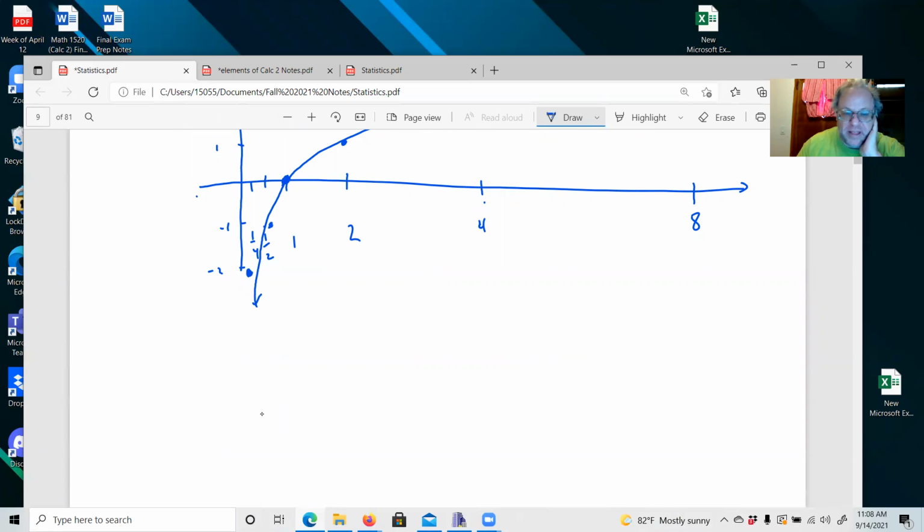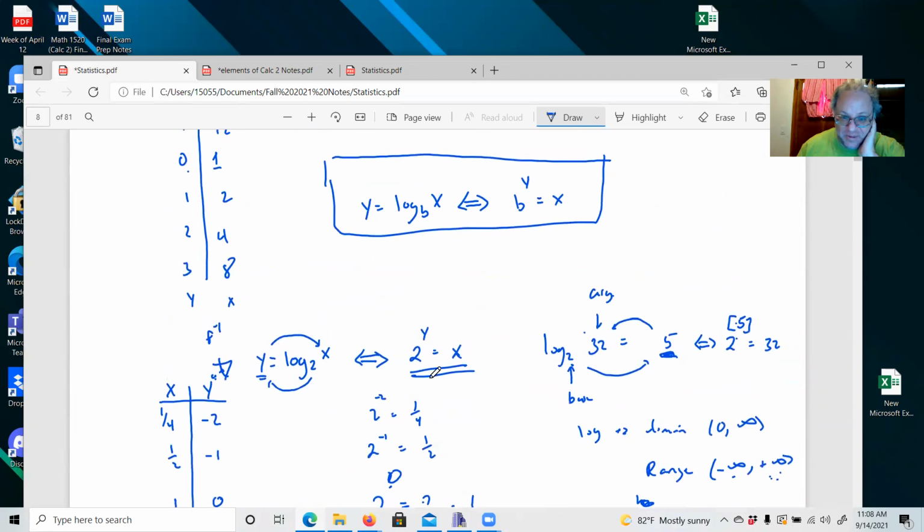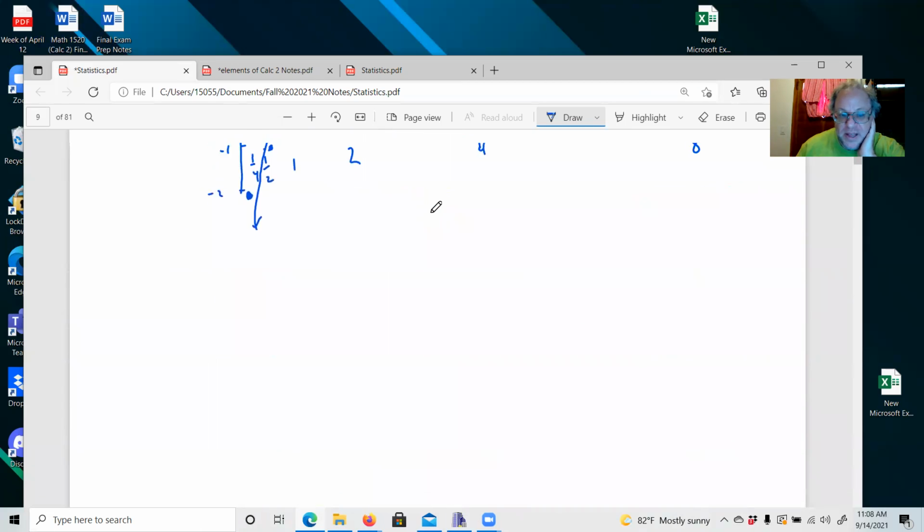My algebra book spent sections dealing with logarithms that weren't normal ones, because this is kind of a fiction. You really only deal with 3 logarithms.